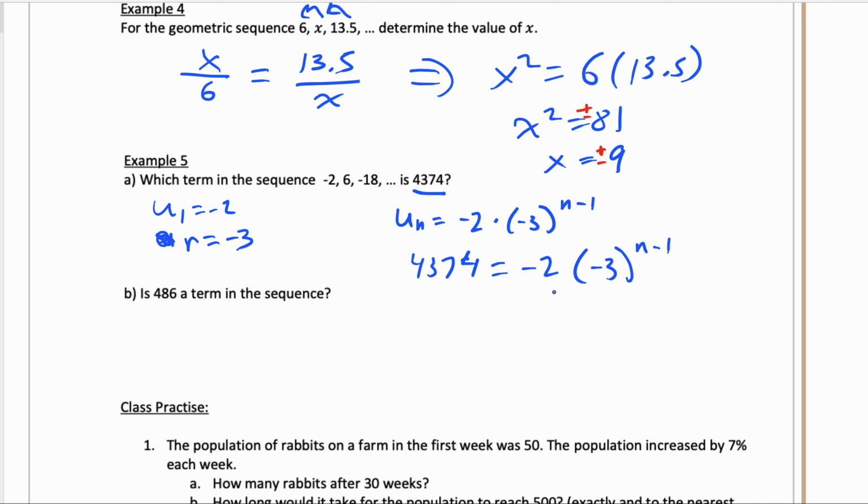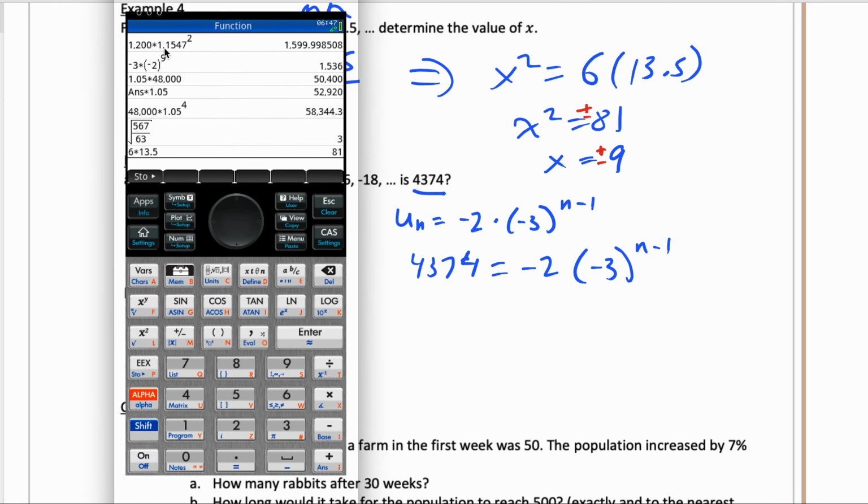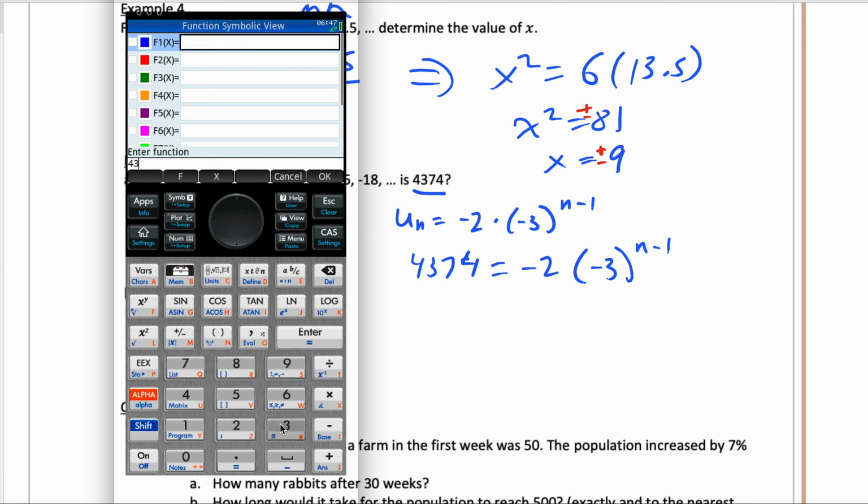Because n is an exponent, we're definitely going to have to solve by graphing. So let's do that. And we have this.